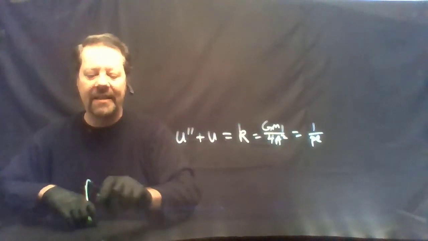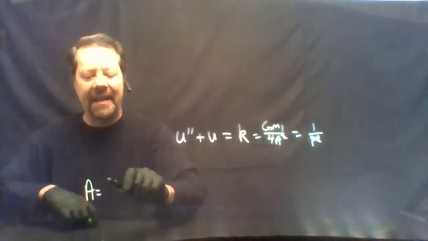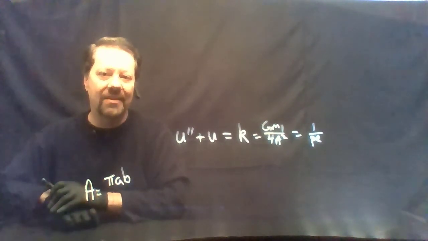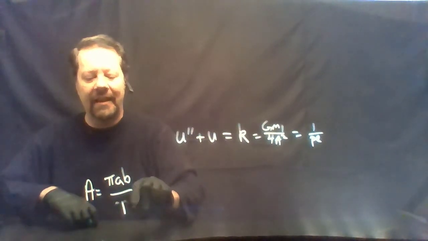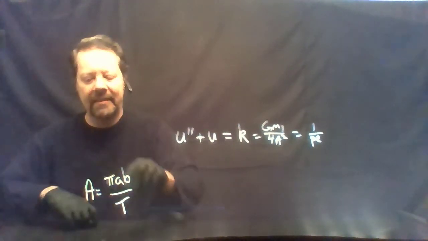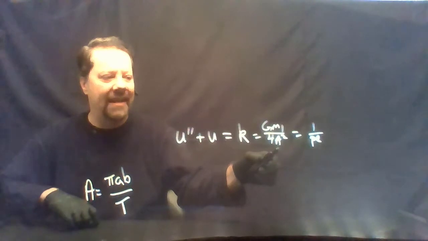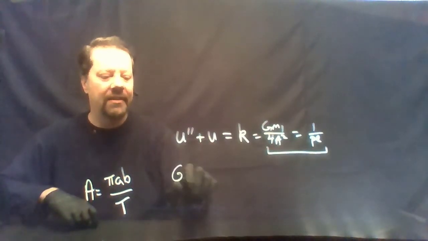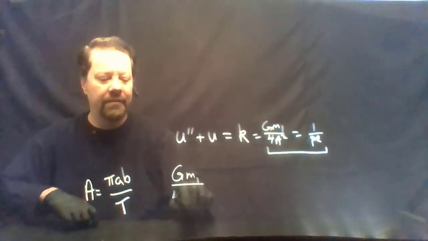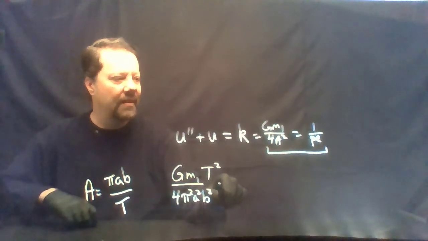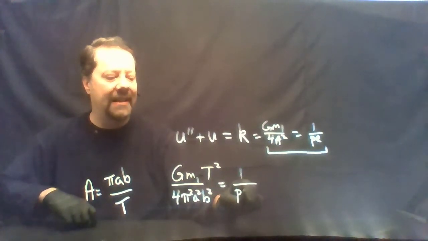Remember that A was the rate at which area is swept out. If the area of the entire ellipse is pi ab, where a is the length of the semi-major axis and b is the length of the semi-minor axis, and if T, capital T, is the period, then A will be pi ab divided by T. We can plug this into the formula that we have here, obtaining gm1 over 4 pi squared a squared b squared with a T squared on top equals 1 over pe. e is c divided by a.